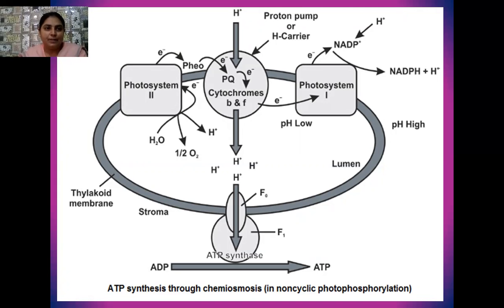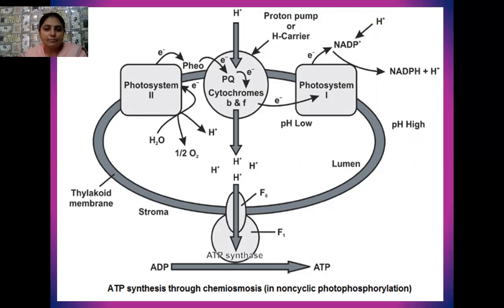This reaction takes place again and again. As a result, so many protons are produced, and all of these protons accumulate and arrange themselves on the inner side of the thylakoid membrane, because non-cyclic photophosphorylation takes place inside the thylakoid membrane.